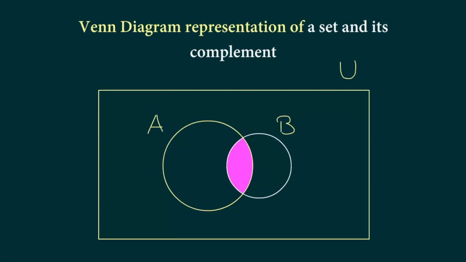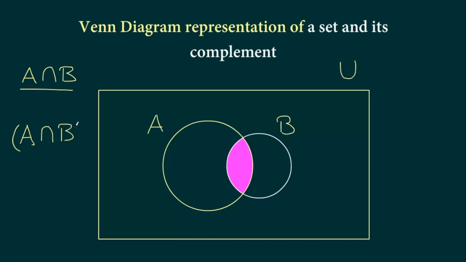What does this pink part represent? The pink part represents simply A intersection B, because this pink part is common to both A and B.